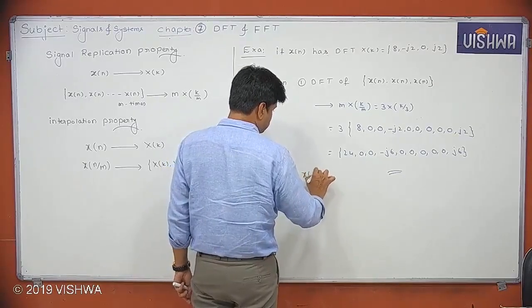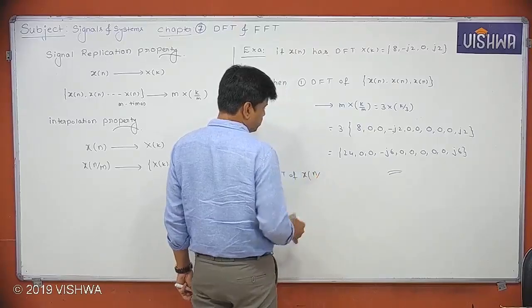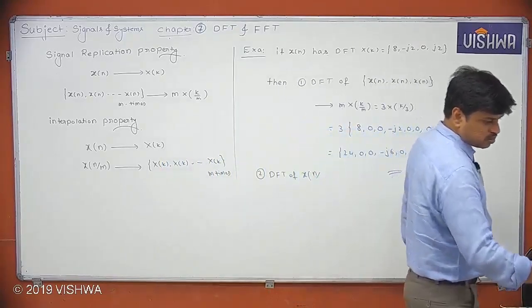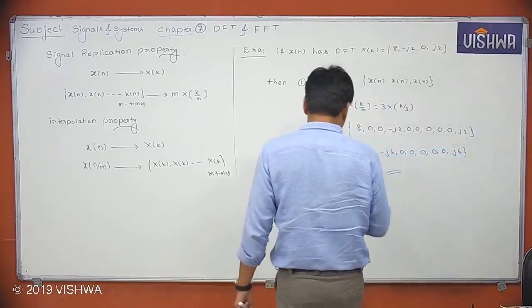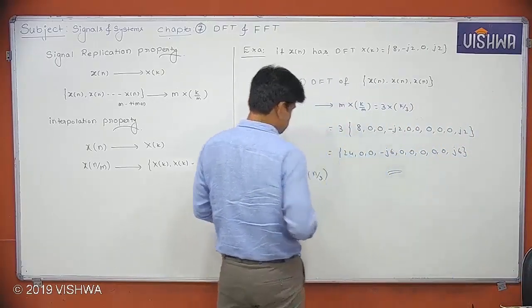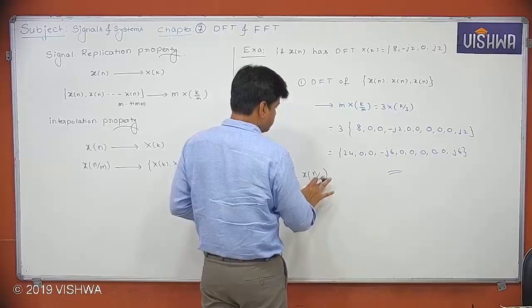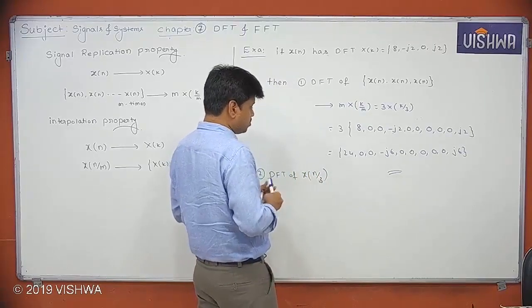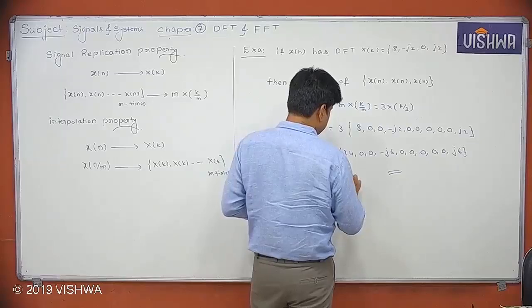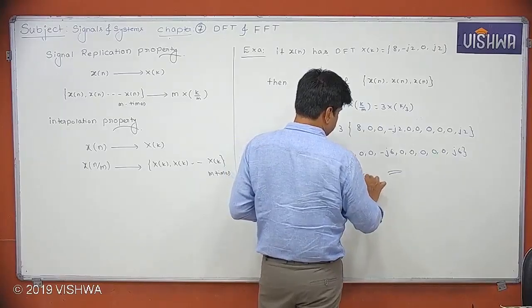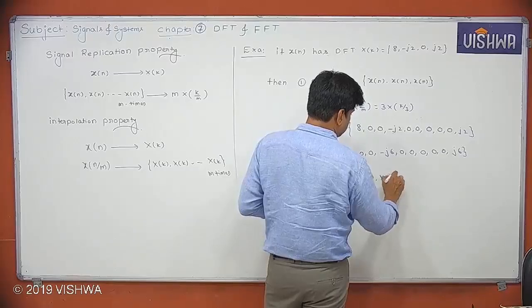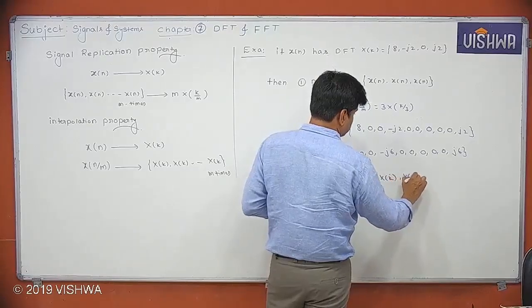Next, in the same way, the second question: DFT of x of n by 3. From the interpolation property, it has DFT x of k, comma, x of k, comma, x of k, 3 times.